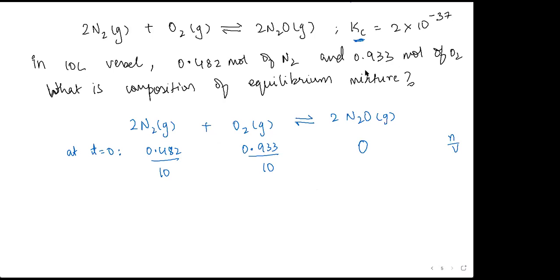Now the reaction has started. By the time it reached equilibrium, let's say we don't know the concentration of the equilibrium mixture. Let's say X amount of N2 has reacted. So if X amount of N2 out of the 0.482 has reacted, how much of O2 would have reacted?